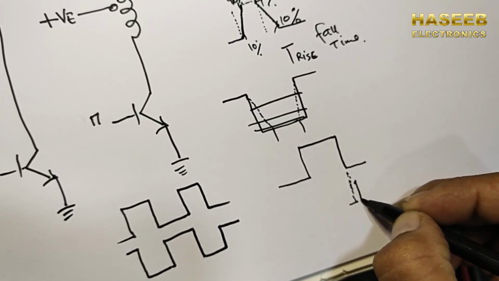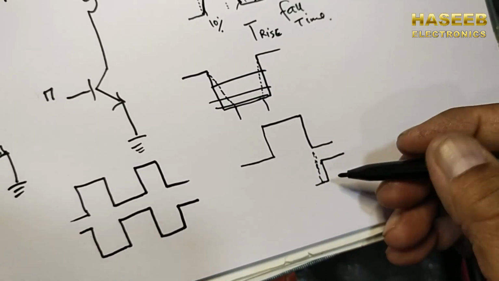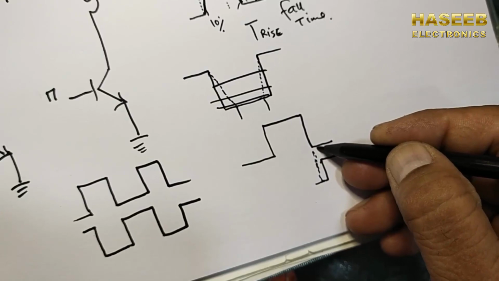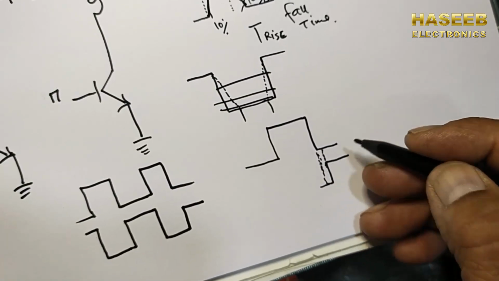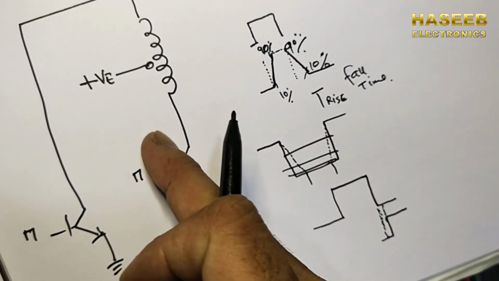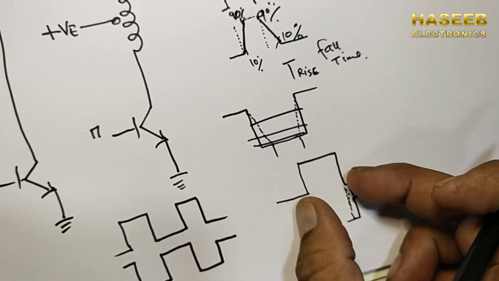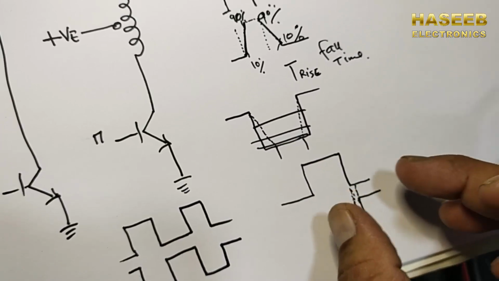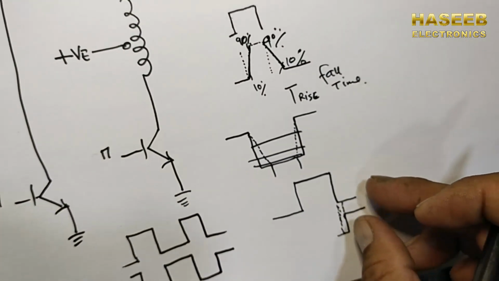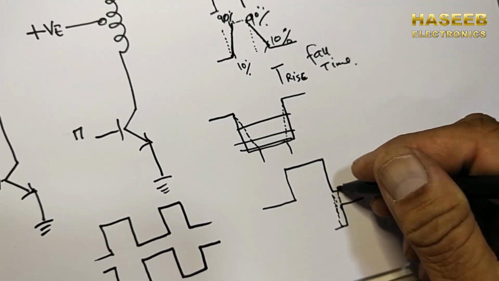To protect against this crosstalk, a time between the switching of the two channels is allocated. So it is called dead time. When both MOSFETs are in the off condition, when both channels are off, that is called dead time.